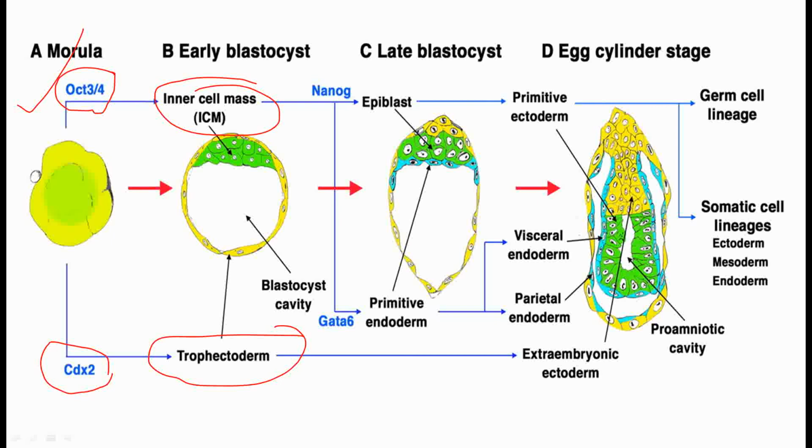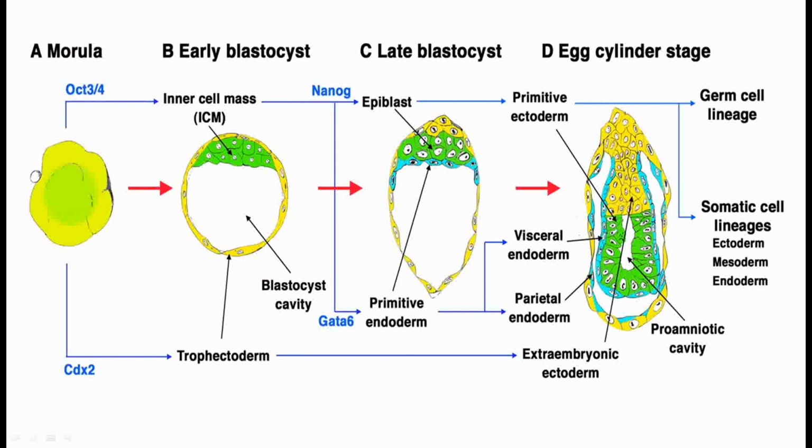You can see this formed structure is known as the early blastocyst. This blastocyst has a blastocyst cavity. This early blastocyst also undergoes some signaling pathways. This is the Nanog pathway. This Nanog forms epiblast.